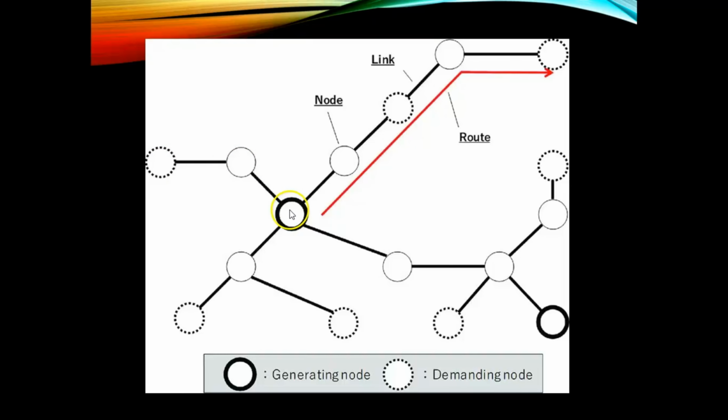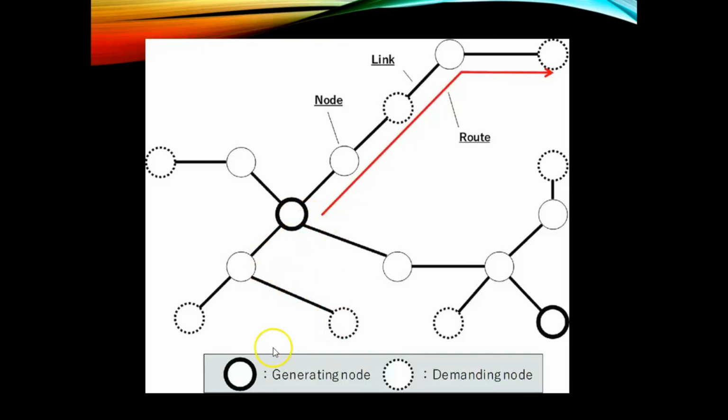When the units of the product are produced in this node, or in this factory, there's going to be a point where the products will be sent to other facilities, maybe other stores, or if not stores, maybe other warehouses where they will be kept for sale or whatever it is.